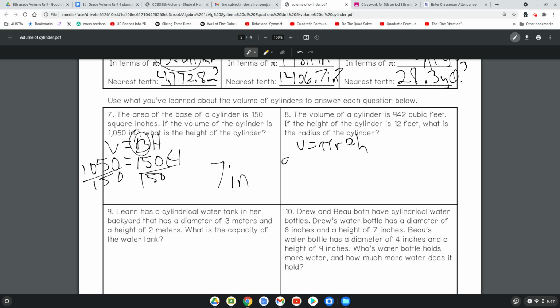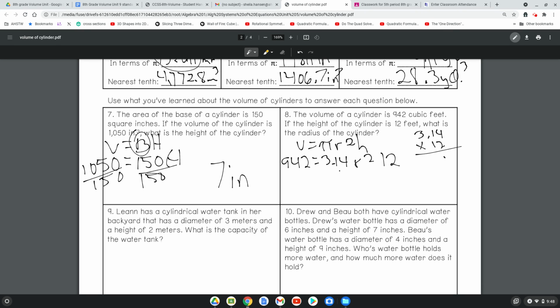Okay, the volume is 942. We know pi is 3.14. We don't know the radius, so I'm going to put r squared. And we know the height is 12. So just like on a regular equation, we're going to simplify this side. So you're going to do 3.14 times 12. And I don't have a calculator handy, but whatever answer you get there, then you have that with r squared.